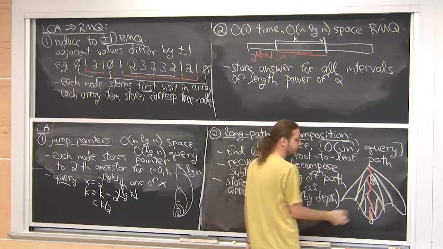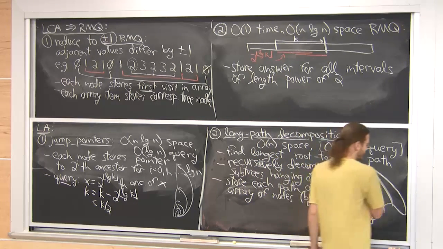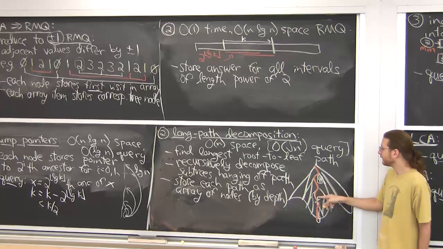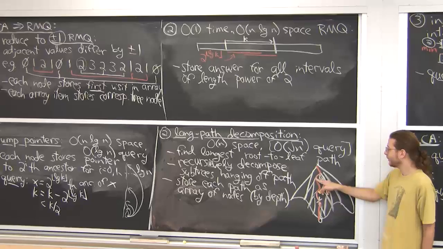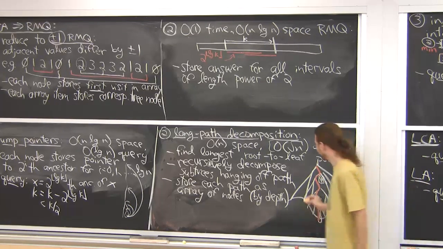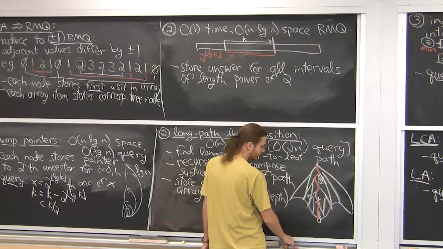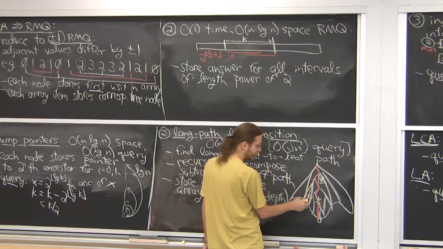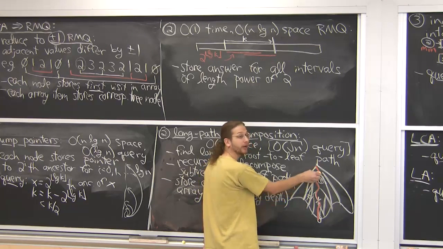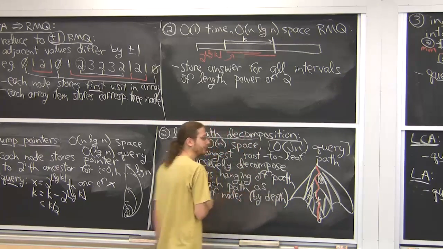So if my query value x is somewhere on this path, and if this path encompasses where I need to go, so if I need to go k up and I end up here, then that's instantaneous. The trouble would be if I have a query over here, and there's a path that guy lives on, but maybe the kth ancestor is not on that path. It could be on a higher up path, on the red path, and I can't jump there instantaneously.